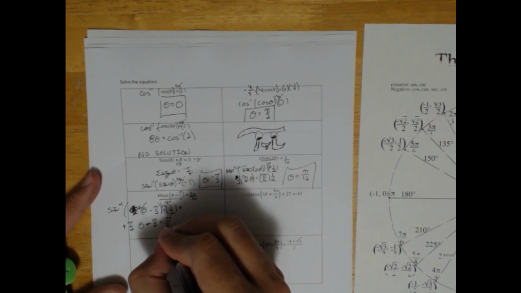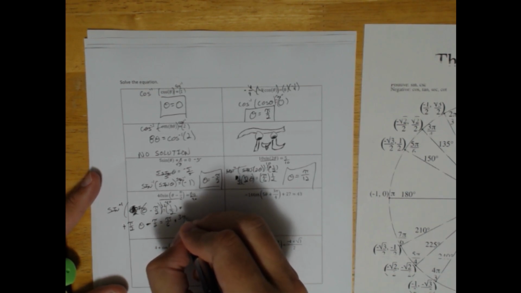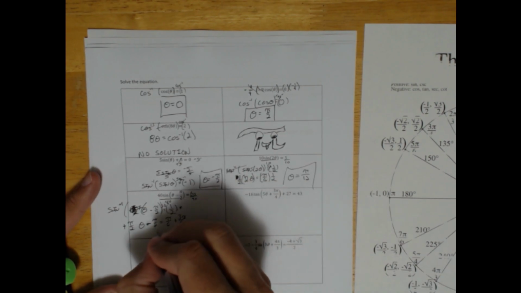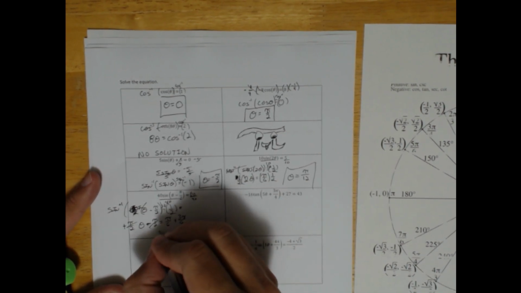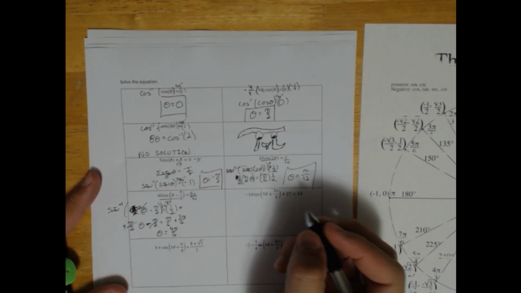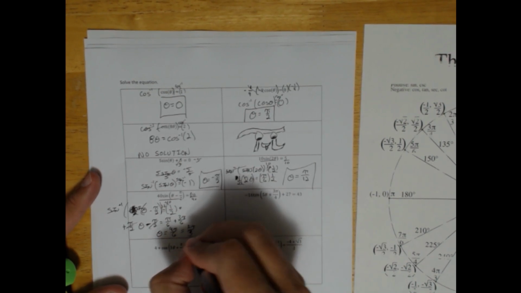Gotta have a common denominator, so we're going to add 3 pi over 6. That's still pi over 2. So those cancel out, and theta is equal to 4 pi over 6, which is just 2 pi over 3.